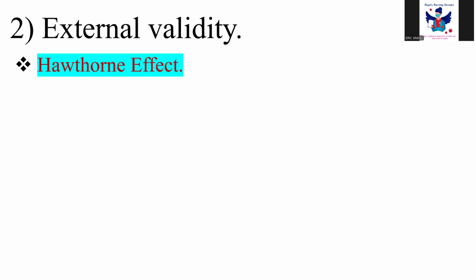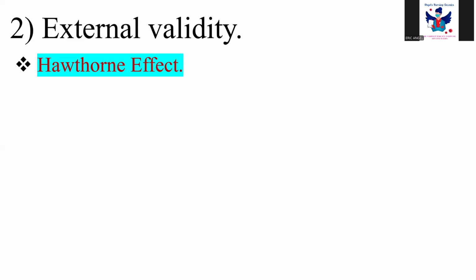Next, moving on to external validity. It refers to the extent to which the results can be generalized to a larger population. External validity shows under what condition and in which type of subjects the same results can be expected to be replicated, or whether the same intervention will work in another setting and with different subjects.